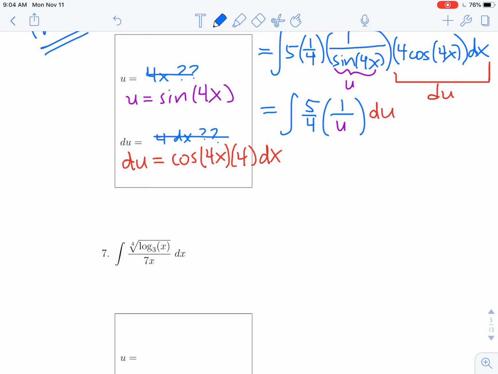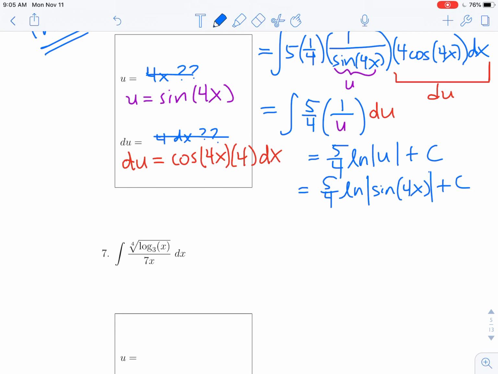And you might be thinking natural log, and you'd be close. 5/4 natural log absolute value of u plus c, which is 5/4 natural log absolute value sine 4x, plus c. So that's our final answer.